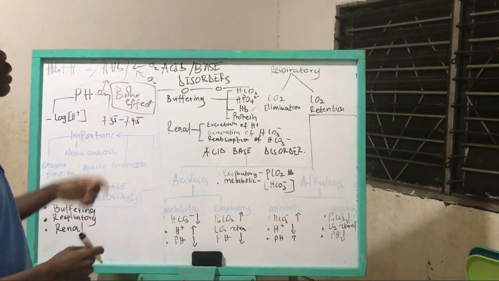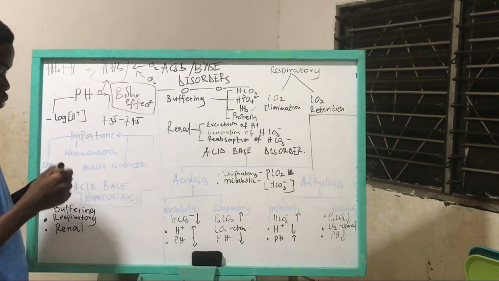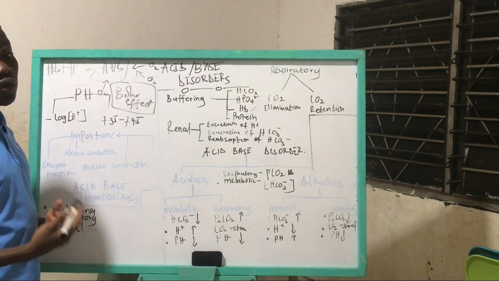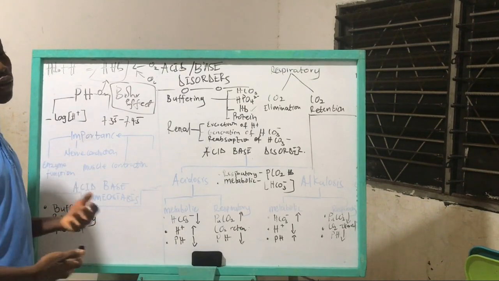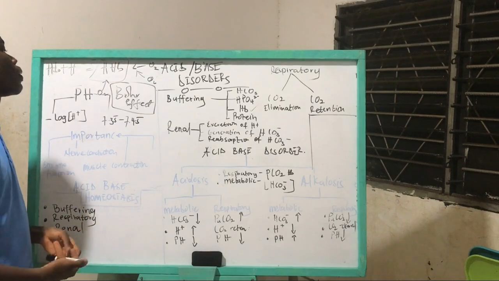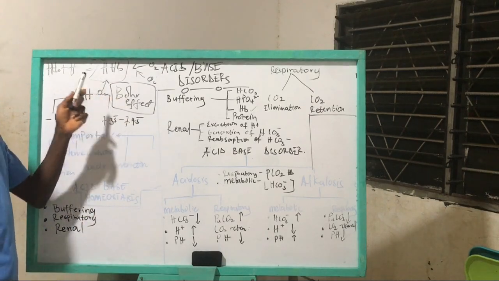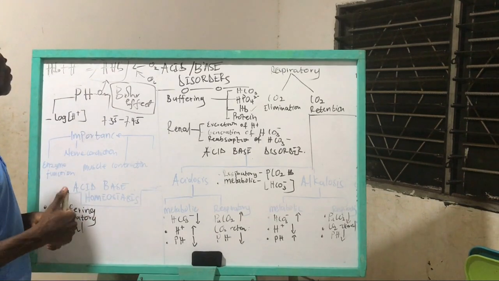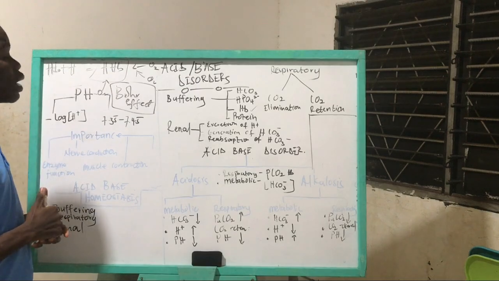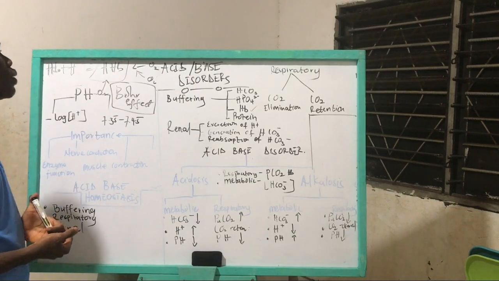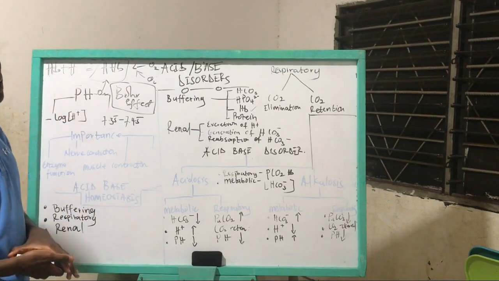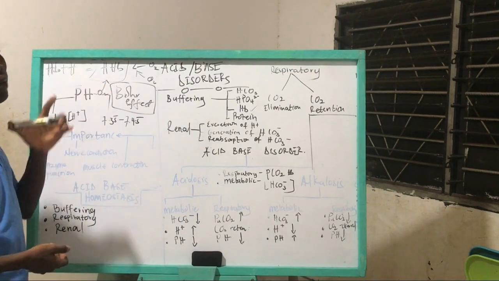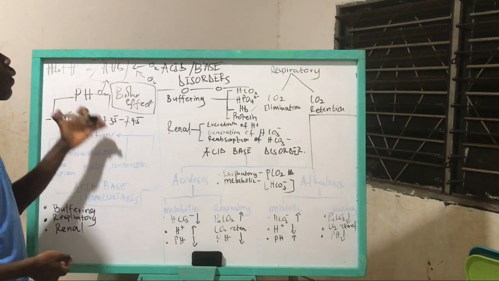And this is also a way of reducing the amount of hydrogen ions. So this is what we call the Bohr effect. So the Bohr effect is also one way hemoglobin can act as a buffer. So once the hydrogen ion is attached to the hemoglobin, it increases its affinity for what? For oxygen.